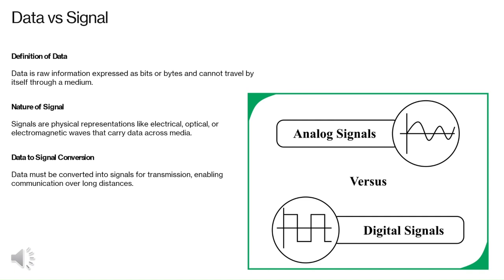But to travel over a cable or air or any media, you must convert the data into signals like electrical, optical, or electromagnetic waves. The signal is what physically moves through the media. Once you have the data, it's converted to a signal and moves through the media. Understanding the difference helps us see why we need modulation and why noise can corrupt our data.